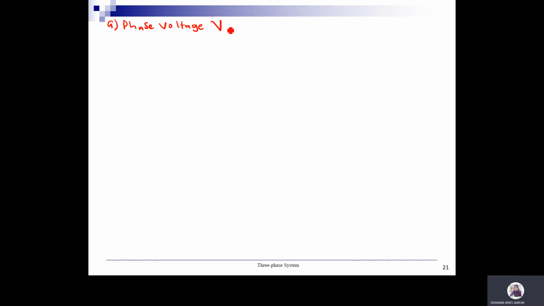Your phase voltages are VRN because it is at the load, VYN, and VBN.